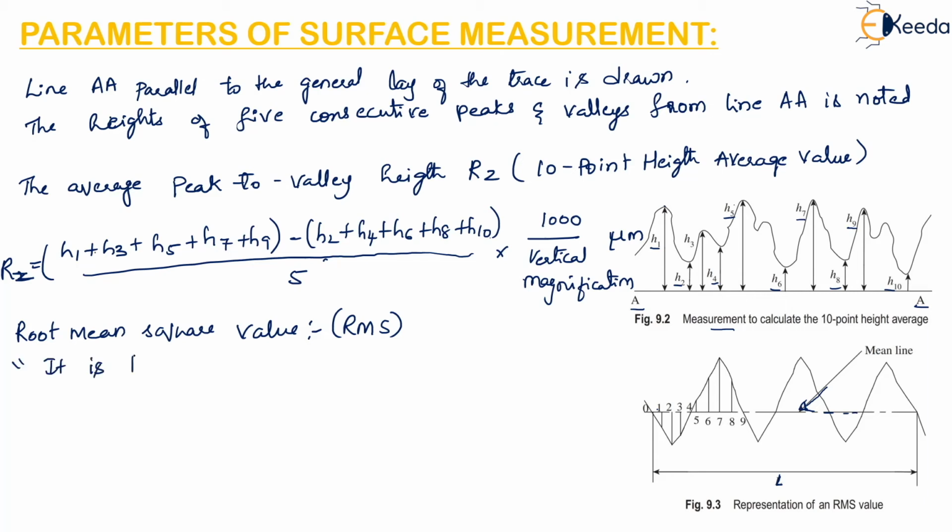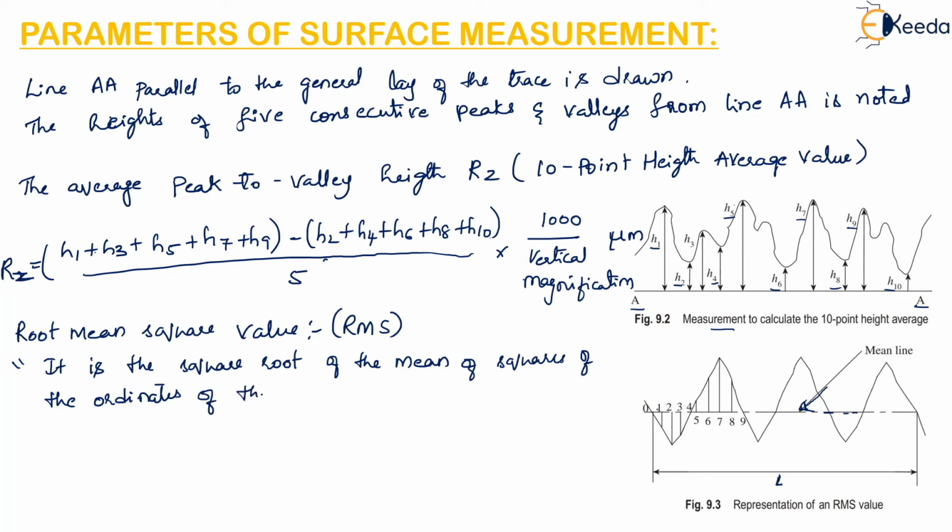So the definition is: it is the square root of the mean of squares of the ordinates of the surface measured from a mean line. How do we write it?